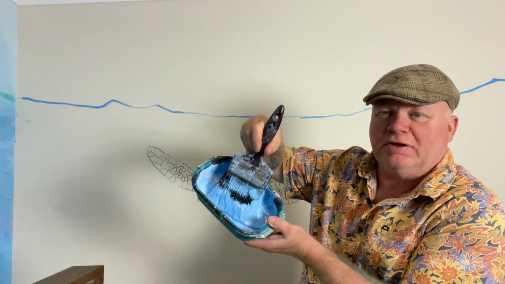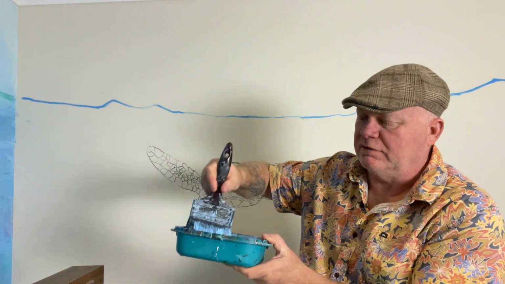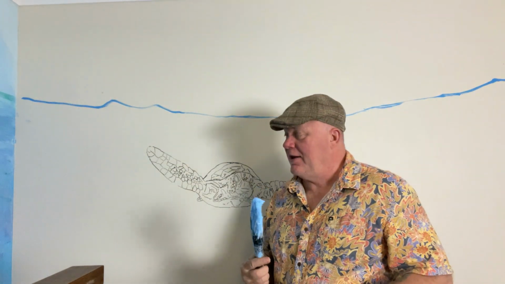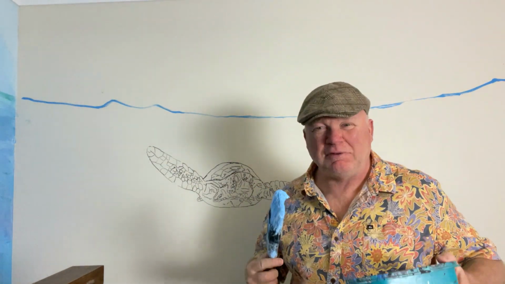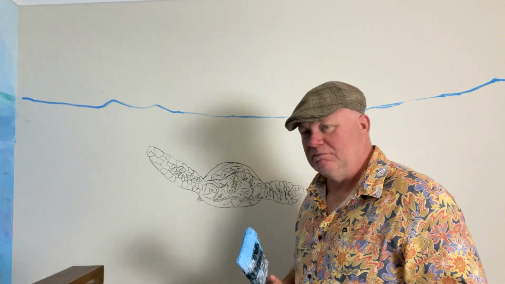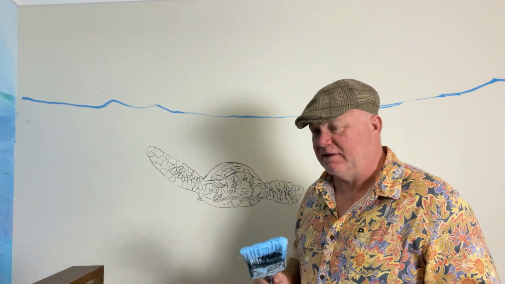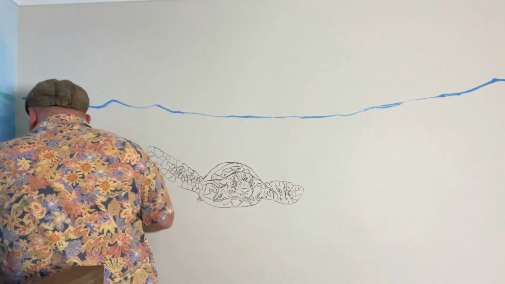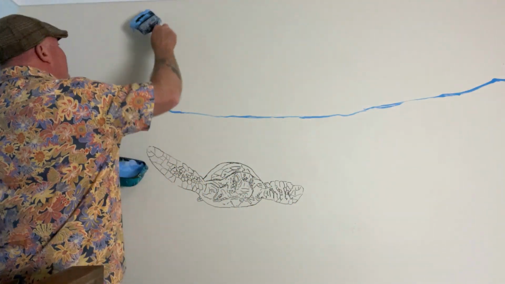So I've mixed up a tub here of cerulean blue and titanium white, and I'm using this wall brush to start the job. And it's always good to start with a big brush, because then you can get into it and get the job done. So let's get the top line going first. Okay, so we'll start off here.